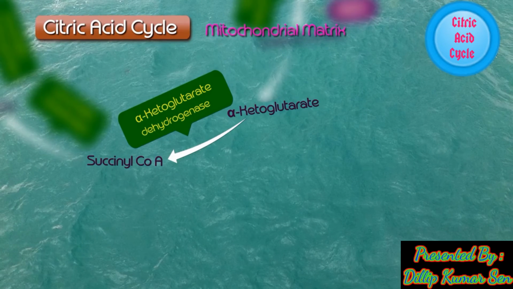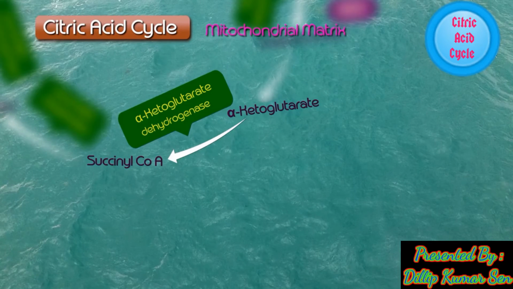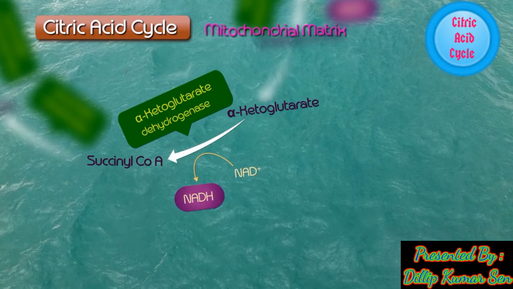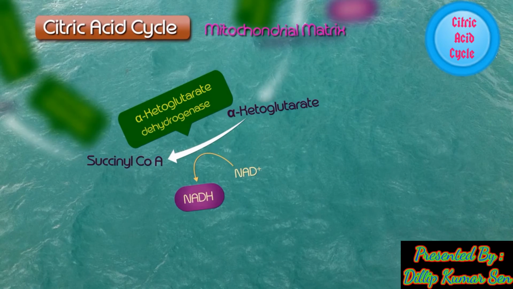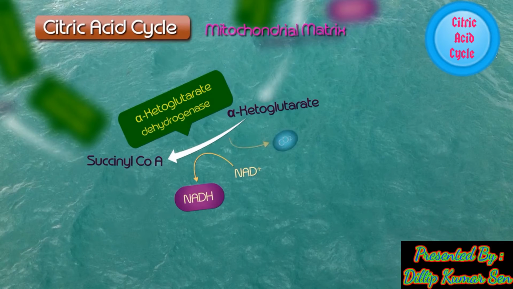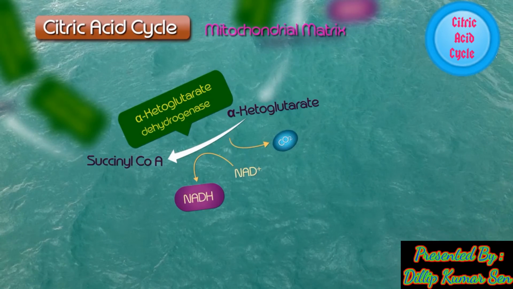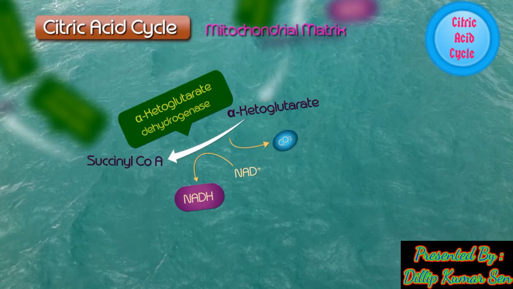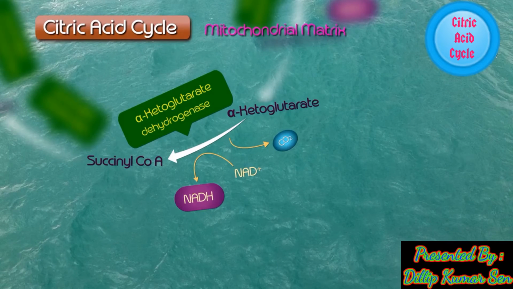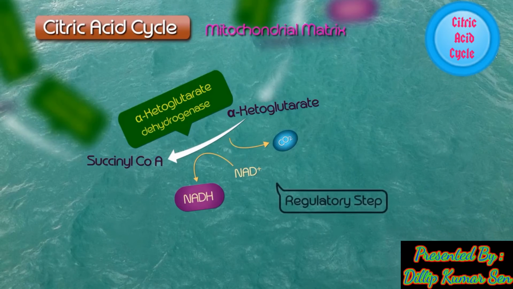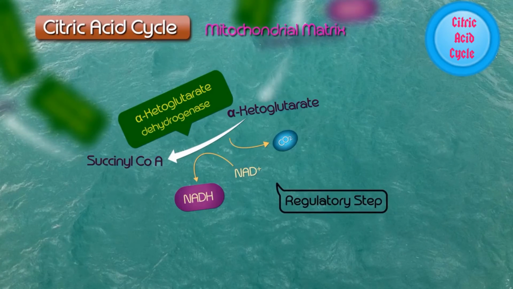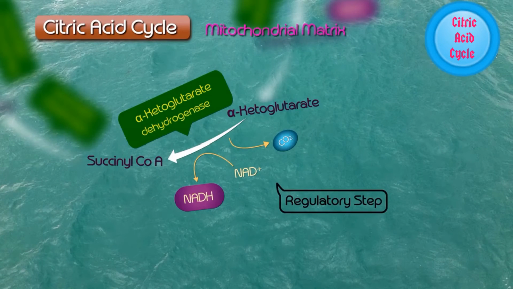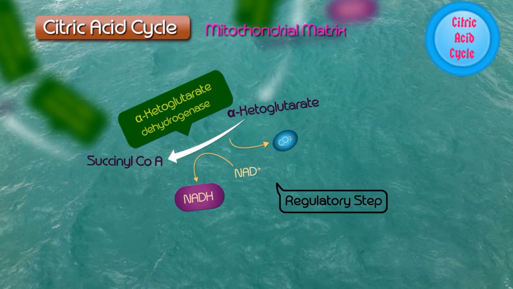So here also the NAD is converted into NADH, and the second molecule of carbon dioxide is produced in the reaction. So it is a regulatory step and generates a 4 carbon chain.